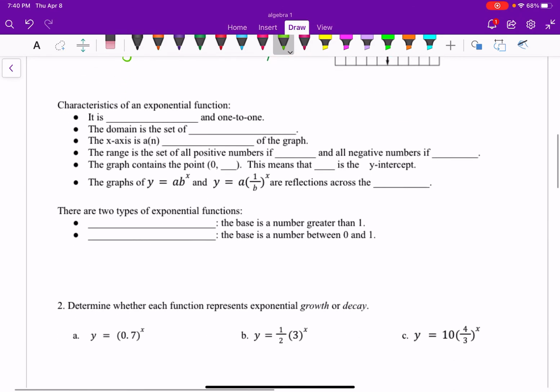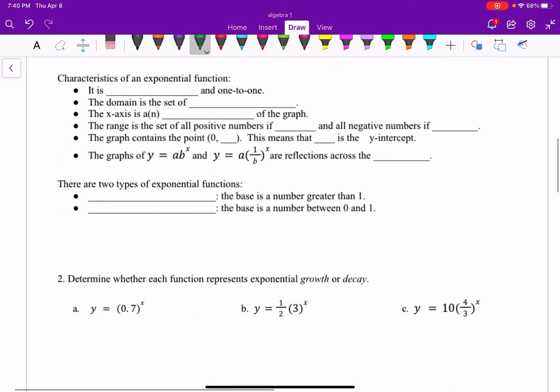A couple things to know about this. It is continuous. The domain is always the set of all real numbers. There's going to be an asymptote a lot of times in this graph. The asymptote was the x-axis.